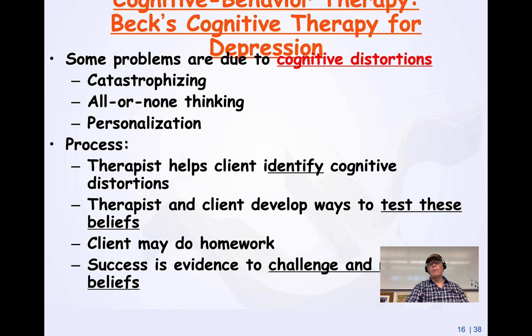This is where cognitive behavioral therapy is tied to depression. Usually you can't deal with somebody's depression directly, but the idea is that the depression is sourced in your thinking, right? So if you change the thinking, then the depression will go away.